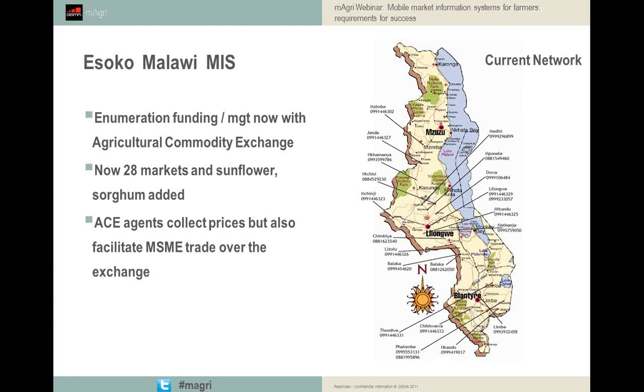An important aspect, I think, of ACE's role is that this network also serves as a trade facilitation network.